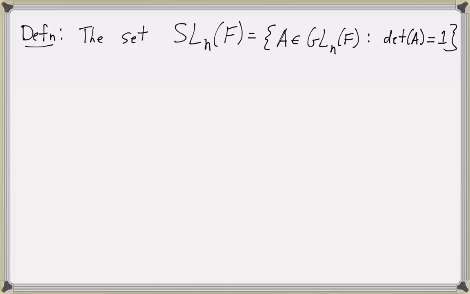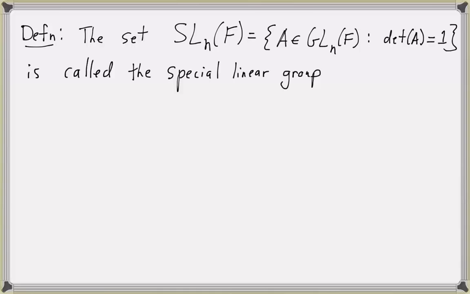So the special linear group of degree n, by the same reasoning, we see that the special linear group is a group under matrix multiplication.